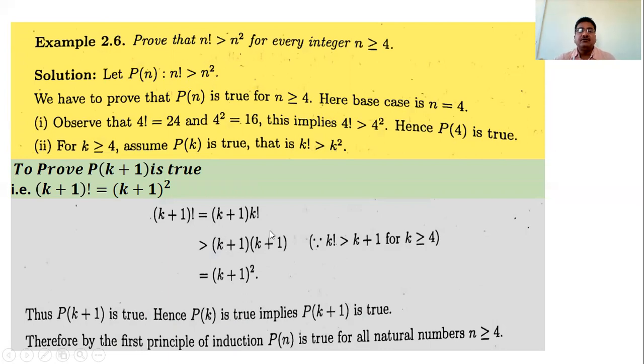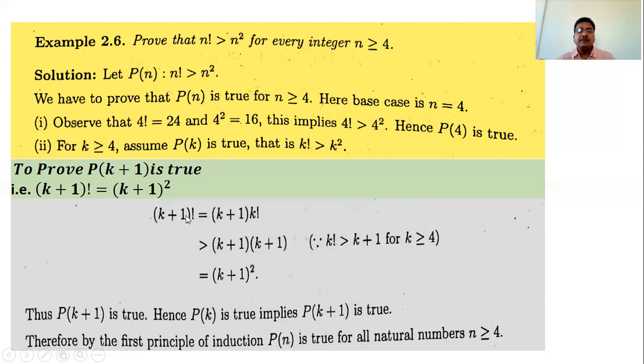The value of 10 factorial is 10 into 9 factorial, while the value of 100 factorial is 100 into 99 factorial, like that. So k plus 1 factorial can be written in the form k plus 1 into k factorial.